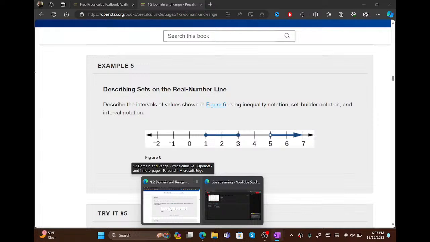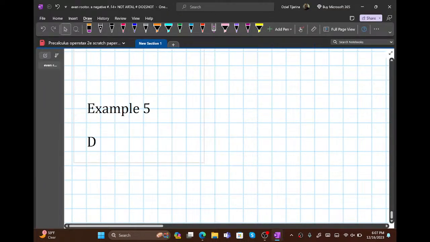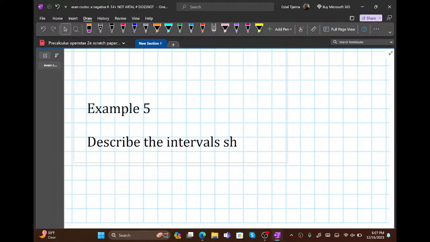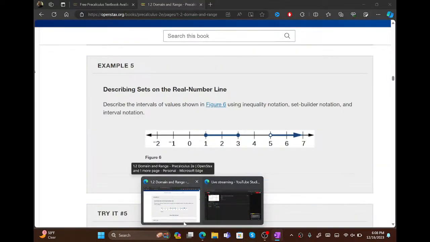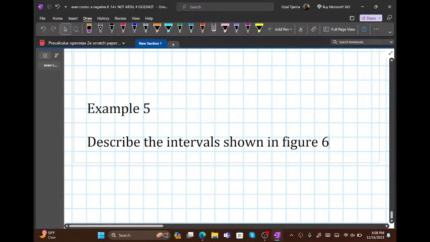It says to describe the intervals of values shown in figure 6 using inequality notation, set builder notation, and interval notation.